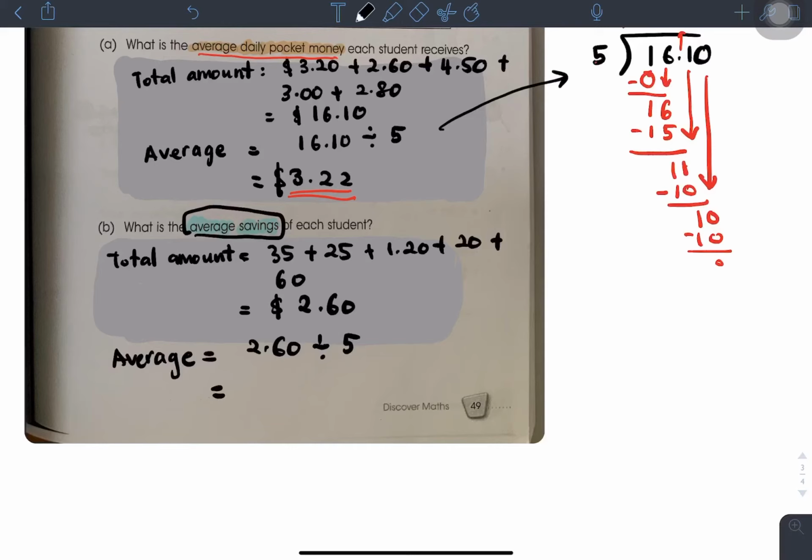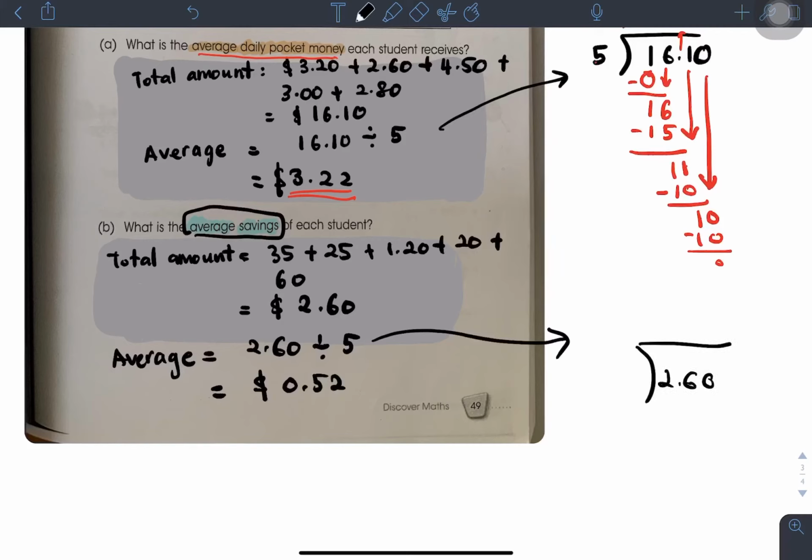So when you divide 2.6 by 5, you will get the average of 0.52. Again, if you don't know, please don't use a calculator. Be honest with yourself, don't worry. If you don't know how to get it the fast way, please use long division.